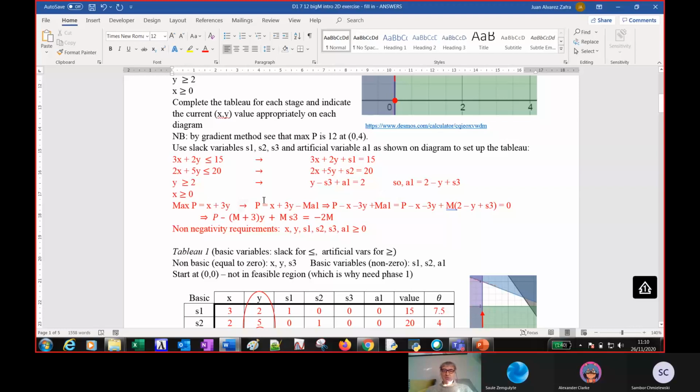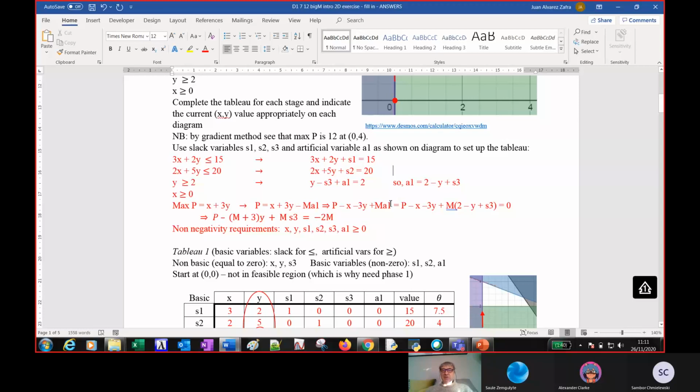So in this case, we're going to have p equals x plus 3y minus M a1. And so our objective function, when rearranged, would become p minus x minus 3y plus M a1 equals 0.